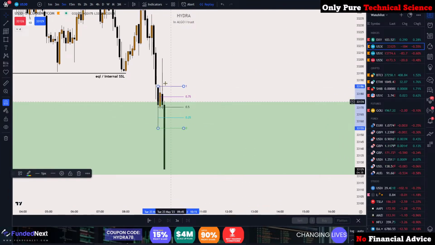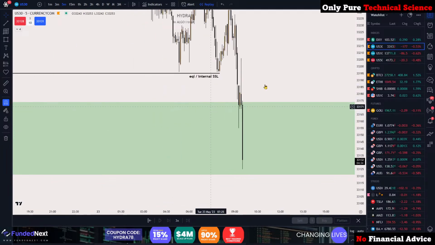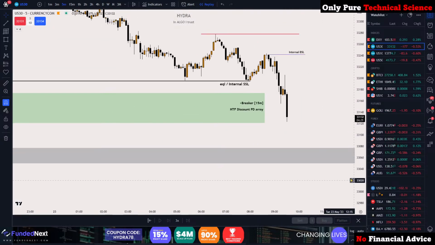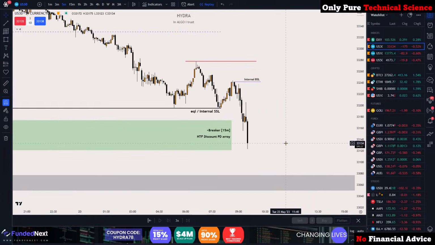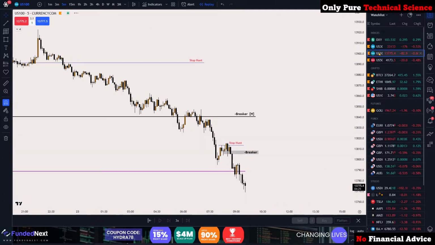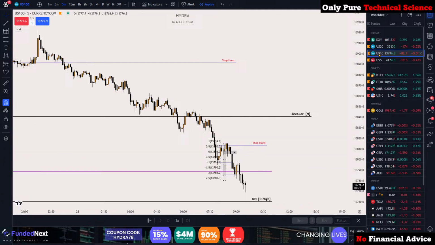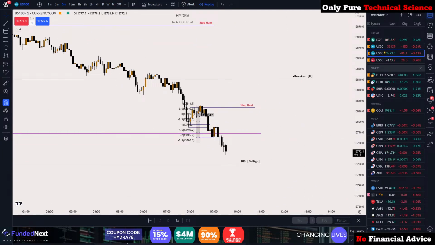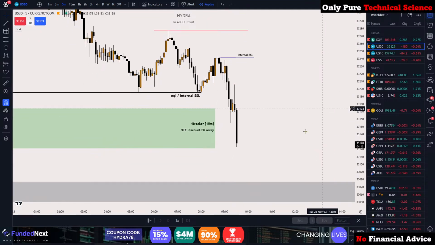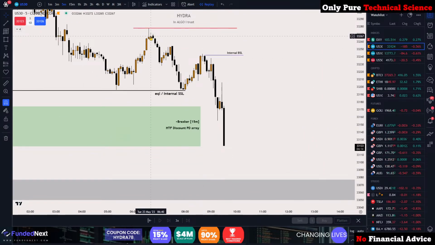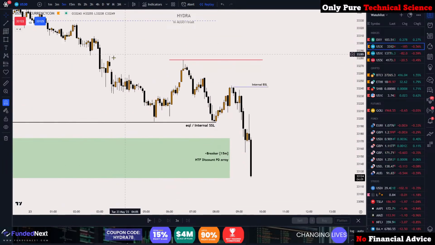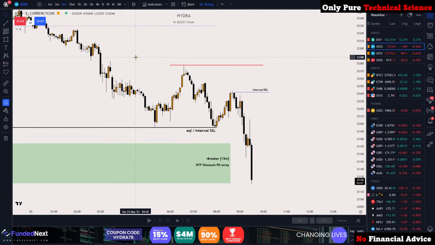Price came up, hit this fair value gap, now it's moving towards the sell side aggressively. Wow. So what price is doing is leaving these relative equal highs and all these levels clean for the high impact news.